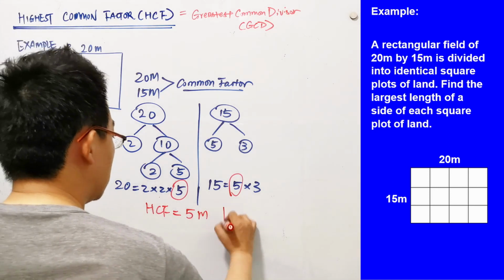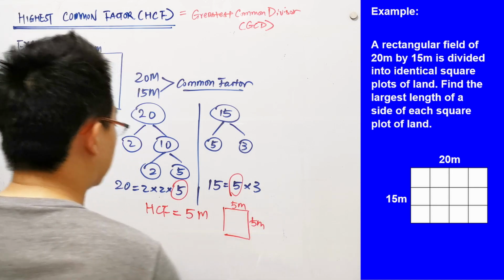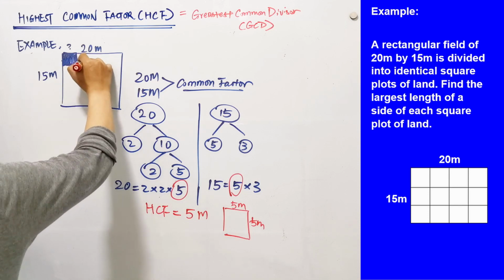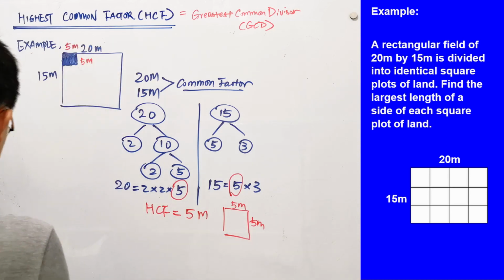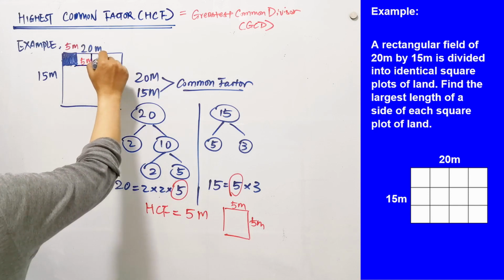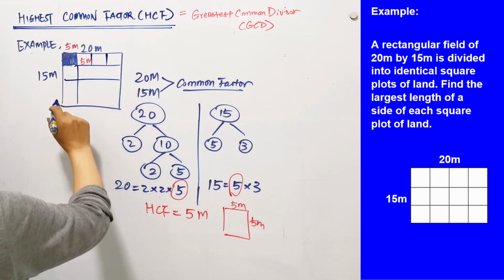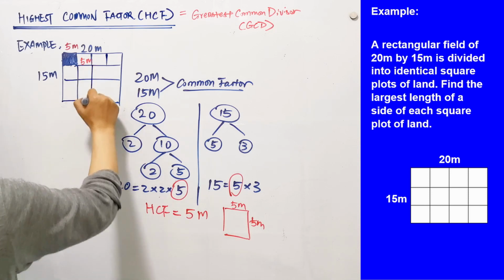So in this case, it's 5 meter by 5 meter. Okay, so here we find the answer is 5 meter and 5 meter. In fact, we can draw this thing here.